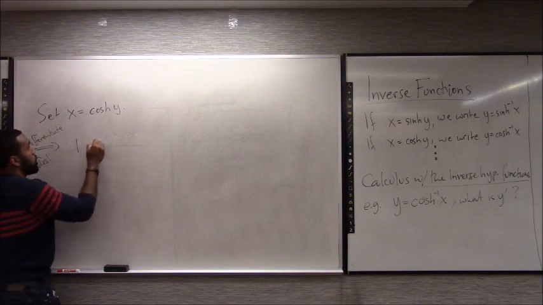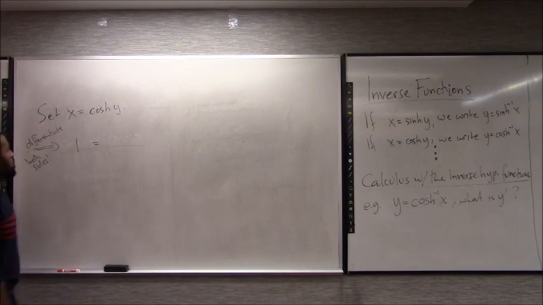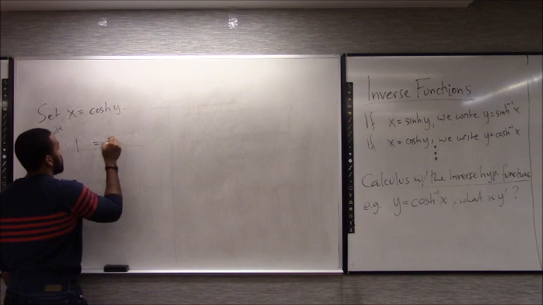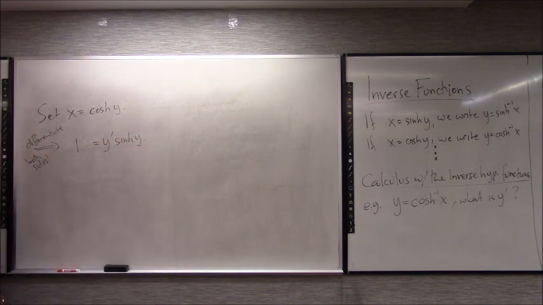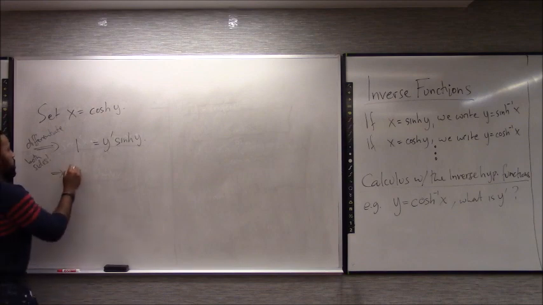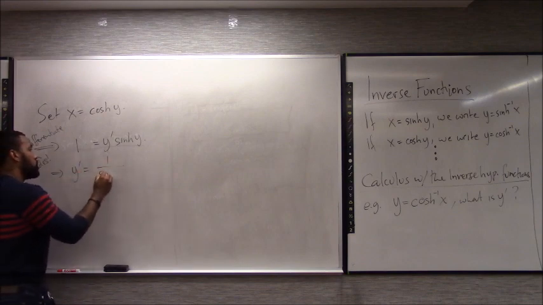The derivative of x is going to be 1. The derivative of the cosh is going to be y prime times the sinh. So this means that your y prime is going to be 1 over the sinh.